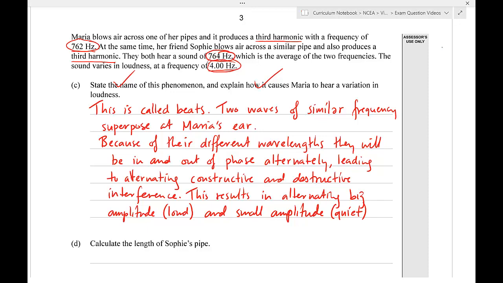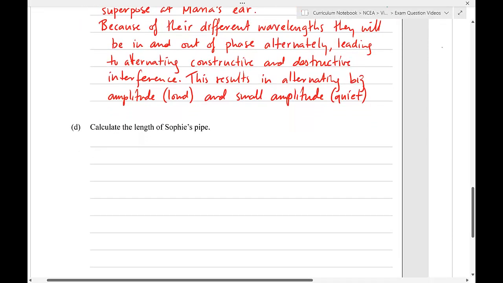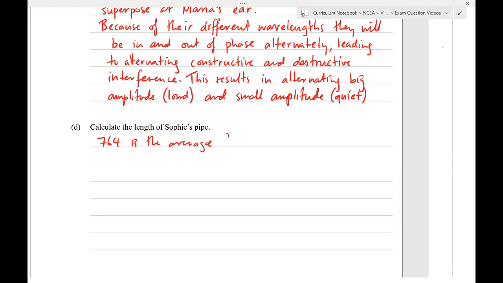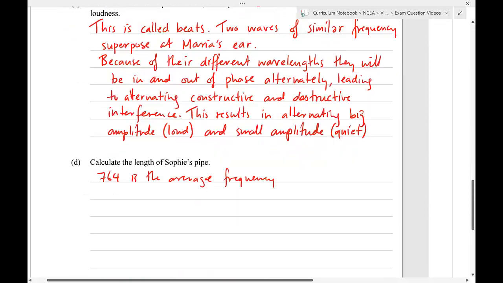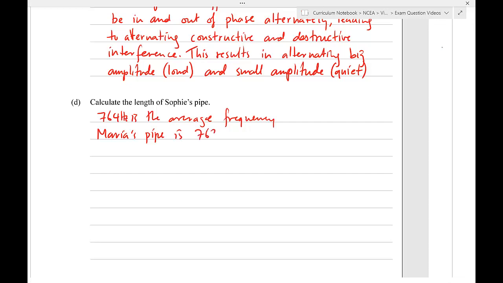So there are two ways of finding this out. So we can say 764 is the average frequency. And whose was it that we knew? Maria's pipe is 762 hertz.